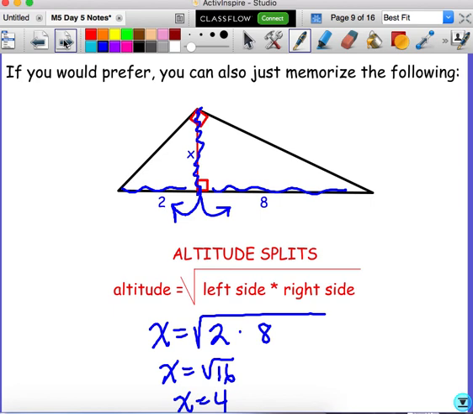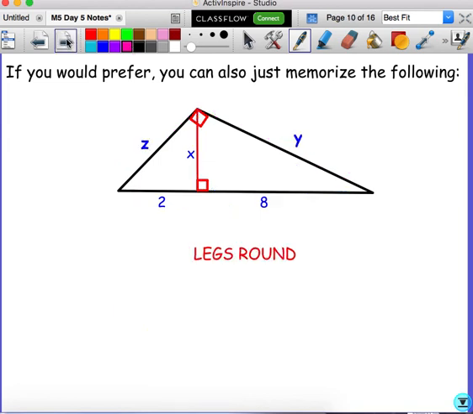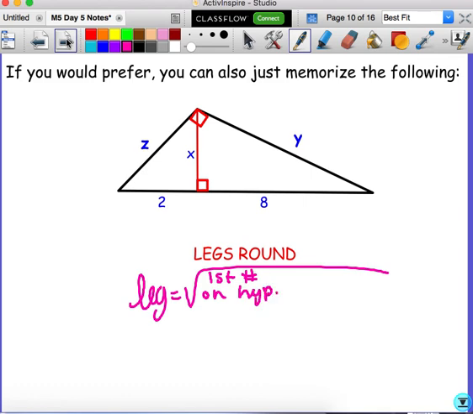Now notice with this formula, we have not talked about these 2 parts at all. So our next formula is going to give us a way to find those 2 missing pieces. And this phrase is legs round. So legs round says the leg will always equal the square root of the first number on the hypotenuse as you round the corner.